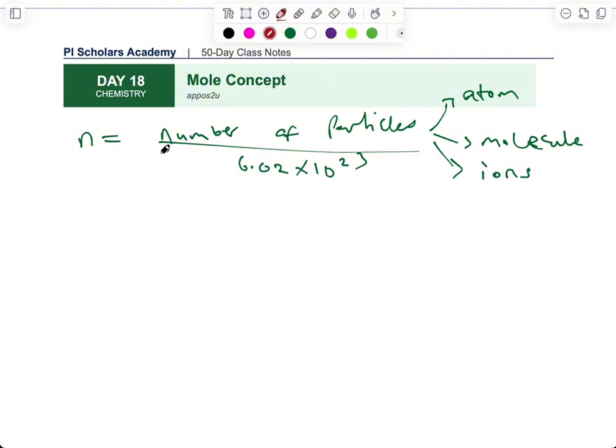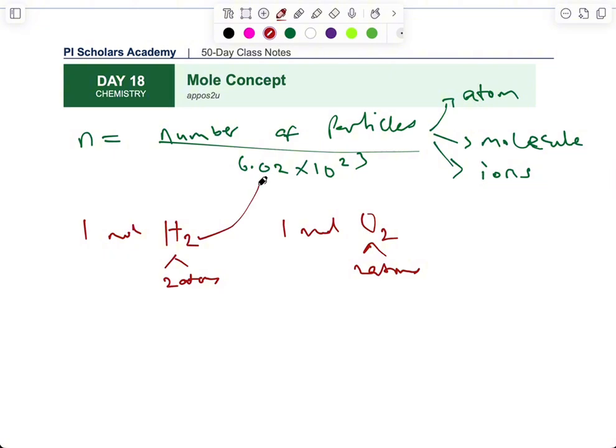If you are looking for number of moles and you're given the number of molecules, take 1 mole of hydrogen gas, or 1 mole of oxygen gas. Inside each of these, how many molecules are present? It's simply 6.02 times 10 raised to power 23 molecules present in 1 mole of hydrogen gas.